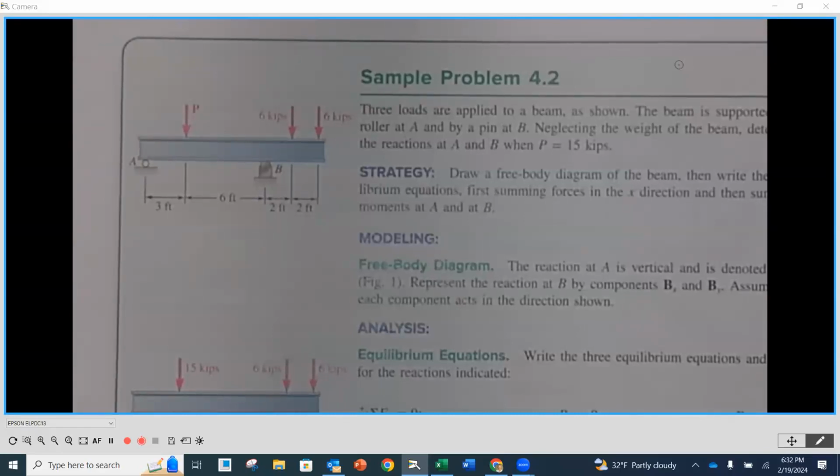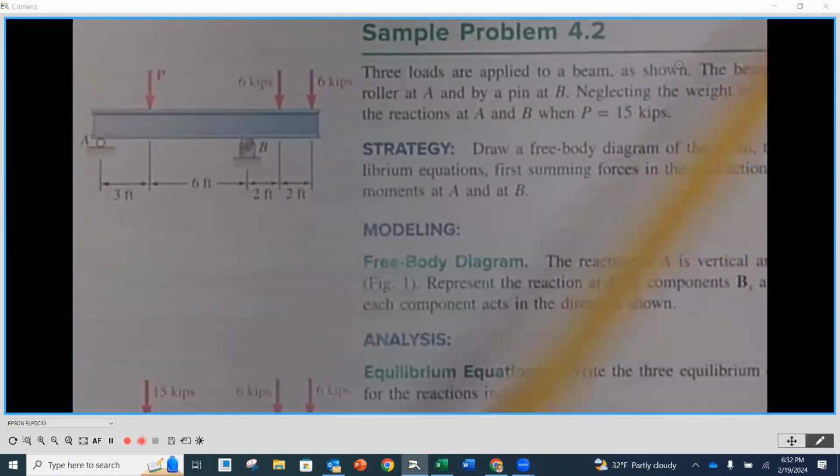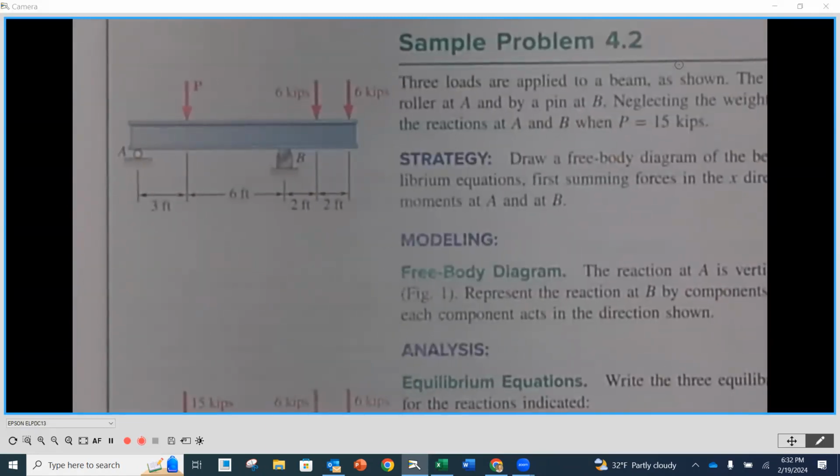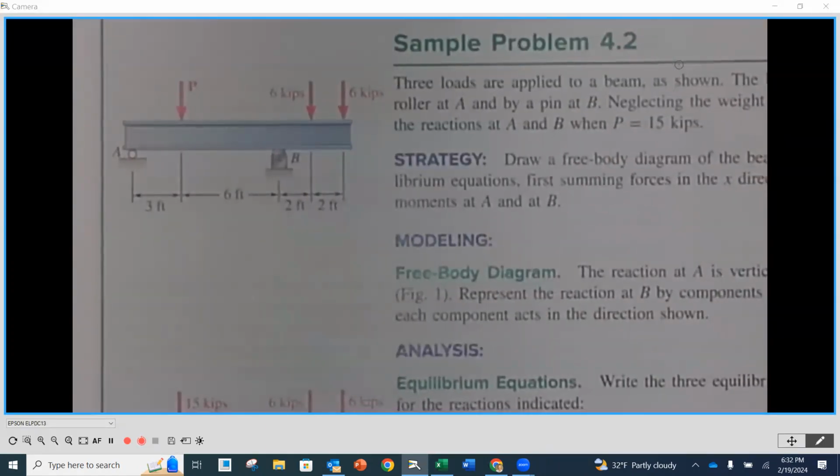So I'll give you about a minute and then I'll start sharing what it should look like. And then P is 15 kips, just so you know.